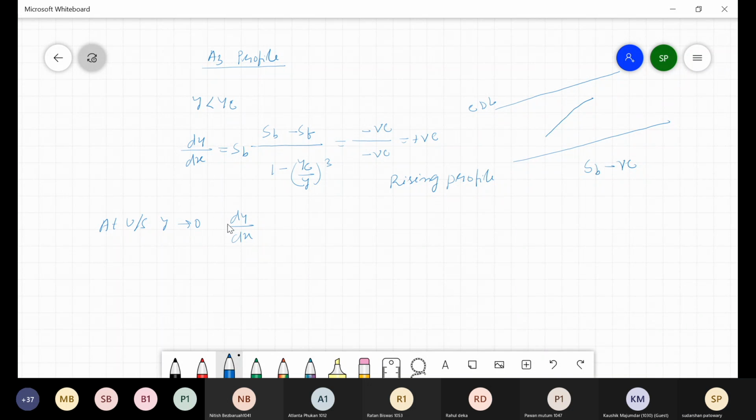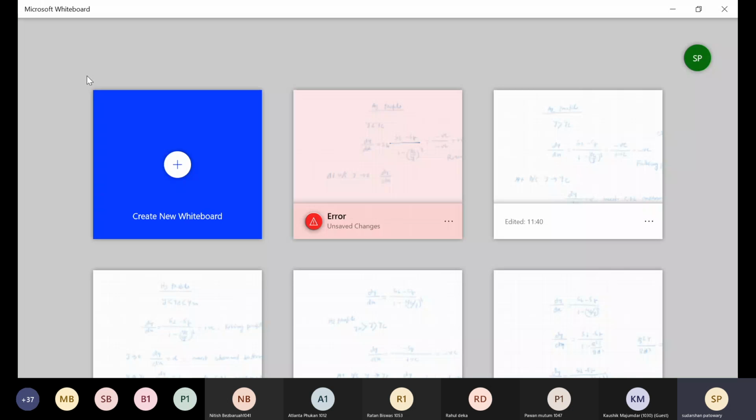Just wait. Yes, it's true what we need. And downstream when y tends upstream, undefined, yes. I made a mistake in the case of H3 also. Just wait, let me check.